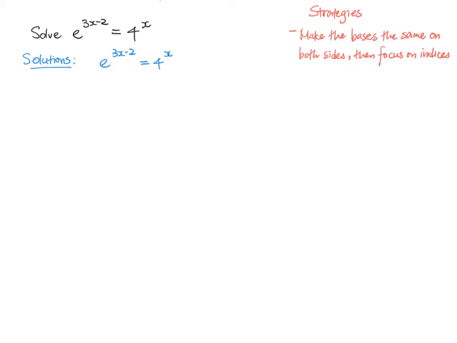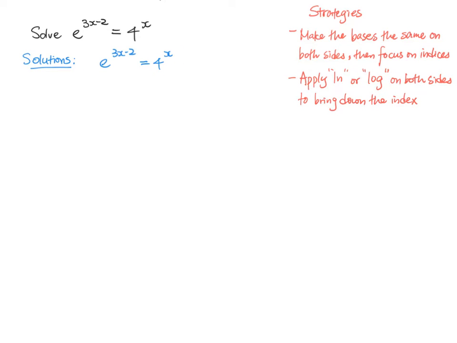Now for this one, it's not easy to make the bases on both sides the same. This time we can apply ln or log on both sides, and then the index would just come down. But now we're facing a dilemma. Do we apply ln on both sides, so that the left hand side just becomes 3x minus 2, but then on the right hand side you still have some sort of ln?